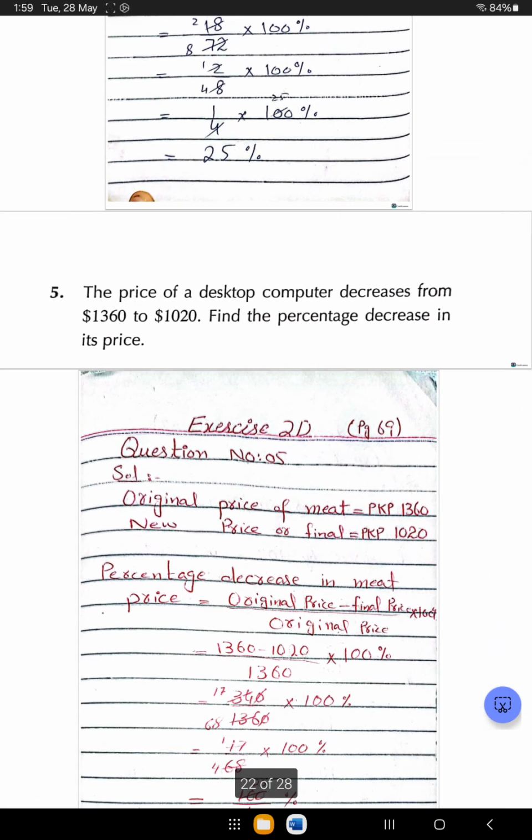Question number 5. The price of a desktop computer decreases from $1,360 to $1,020. Find the percentage decrease in its price.